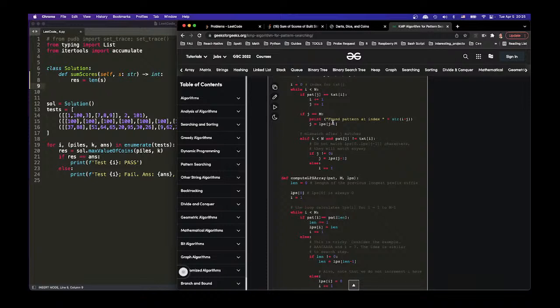At a given position, what I want to know is the largest prefix. I can say it cannot extend beyond this. So each position, if it extends beyond, then it's no good.